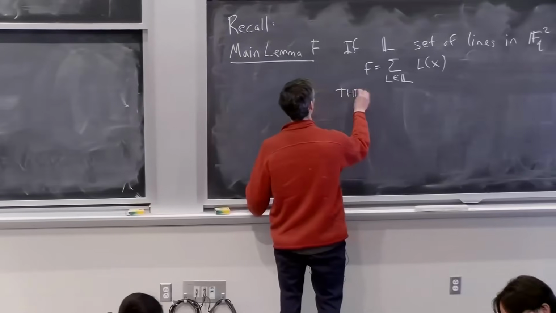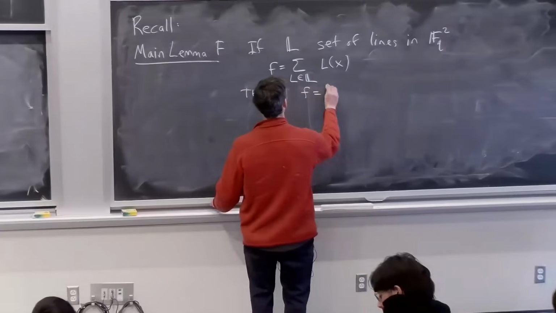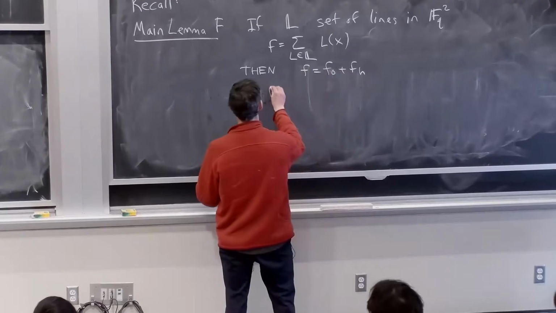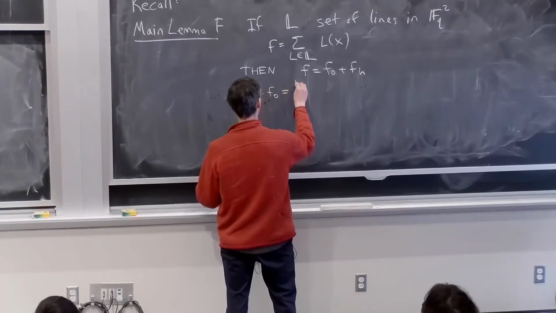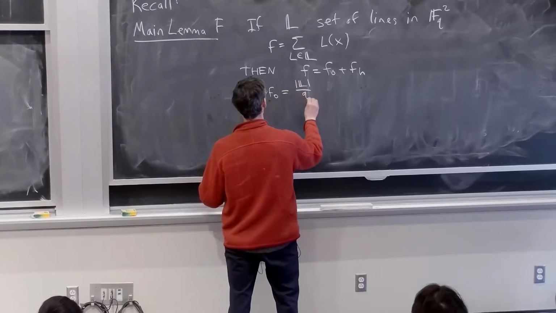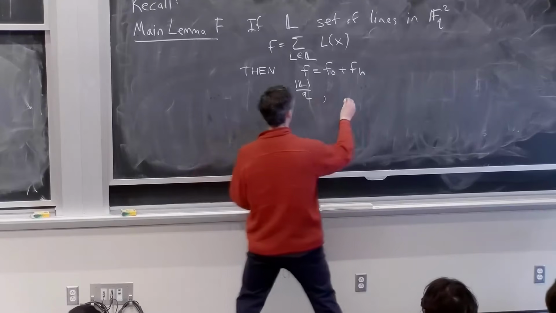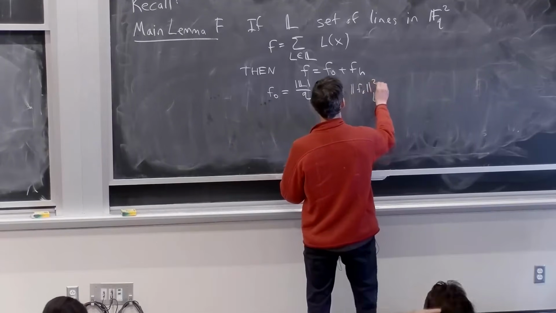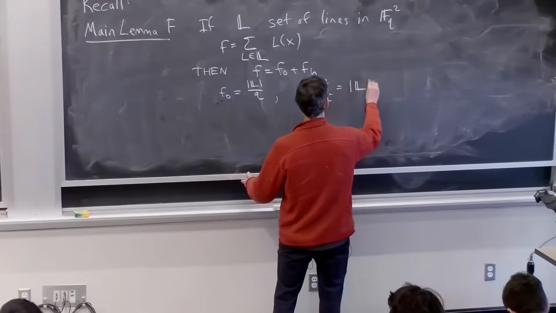So then the conclusion is that f is f naught plus f high, where f naught is a constant function. It's the number of lines over q. And from that, you can compute its L2 norm. L2 squared is number of lines squared.